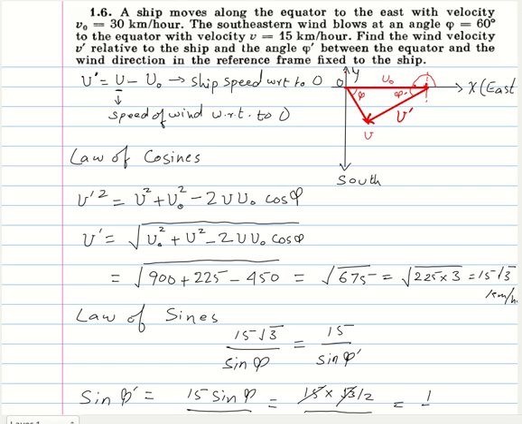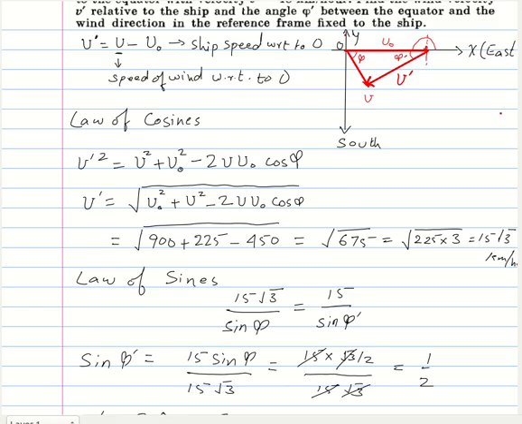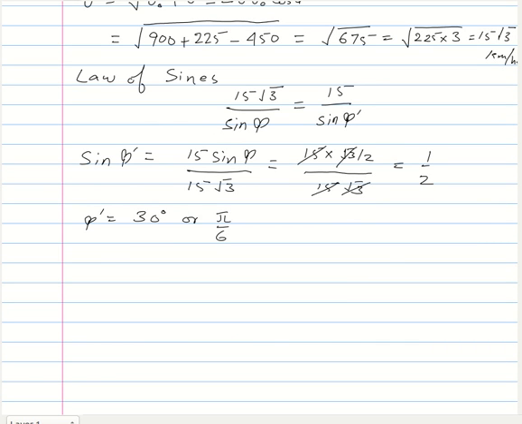So this is pi plus pi by 6. So finally our answer is phi dash is equal to pi plus pi by 6, and this is equal to 7 pi by 6. So our angle is in the third quadrant.